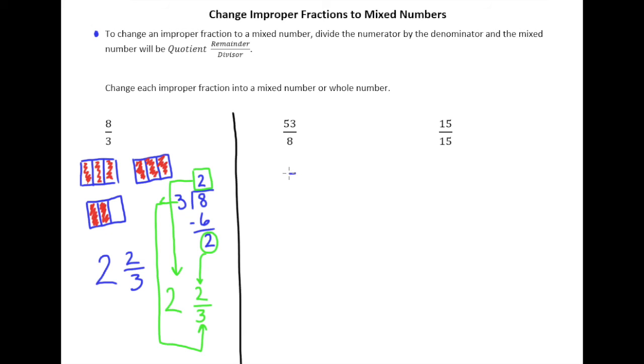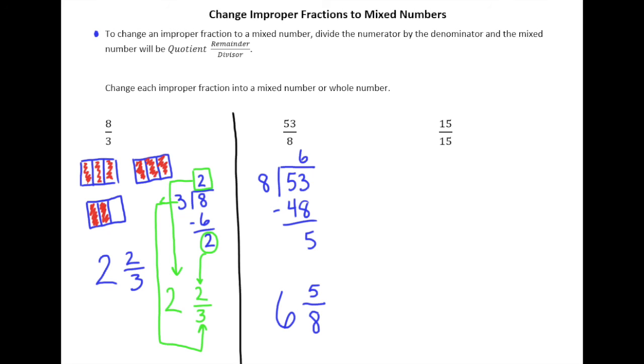We make 53 the dividend and 8 the divisor. 8 goes into 53 6 times. 6 times 8 is 48, and we get a remainder of 5. So the quotient, which is 6, becomes the whole. The remainder, which is 5, becomes the numerator of the fraction part, and the denominator is 8. So I get 6 5/8.